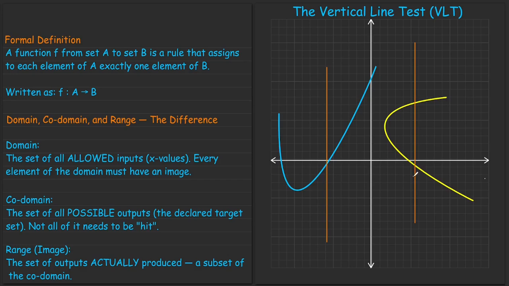But for this one, the x value here is corresponding to what? A y value over here. And it is also corresponding to another y value over here. That makes one value of x have what? Two values of y. That is a one to many.